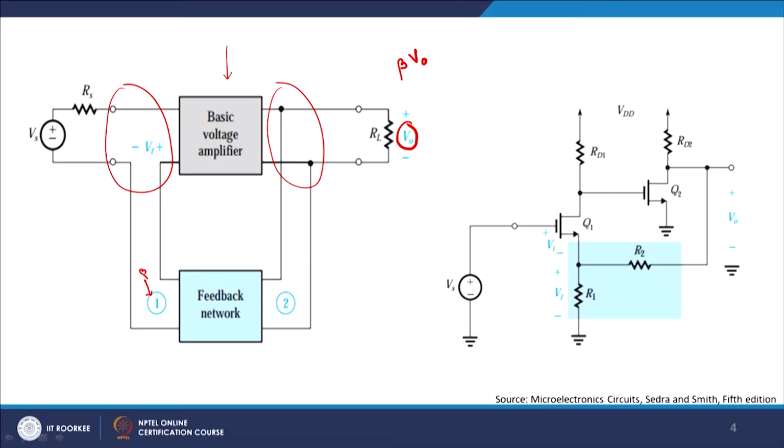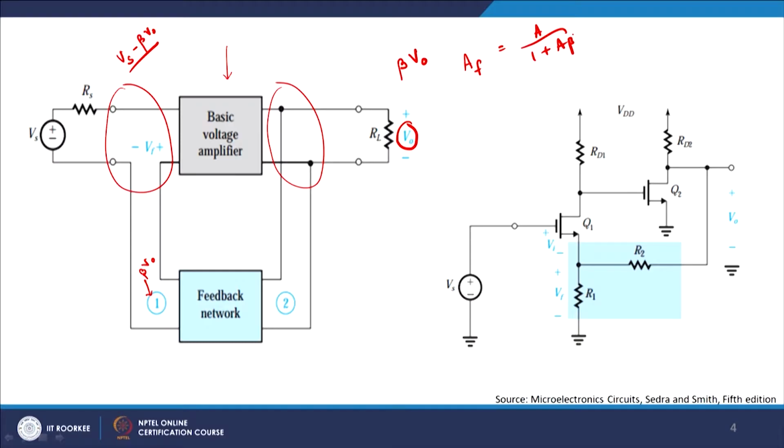Then you will have Vs minus beta times V0 coming at this basic network here. In this case also, the feedback gain AF will be equal to A upon 1 plus A beta, and that is what happens to a large extent.